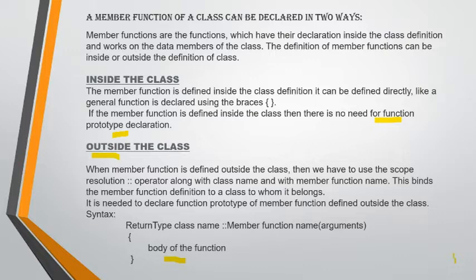It goes like this: return type, then the class name, whatever the name of the class is, then the scope resolution operator, and then the member function name, and if there is any argument then we write the arguments. Same as a function definition, we open the curly braces, write whatever statements we want to keep inside the function, and then close it.